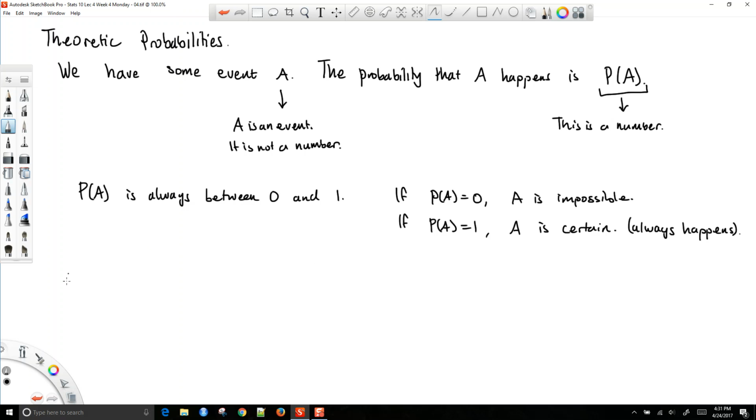And then we say we have something called the complement of A. Complement here is spelled with an E. Complement of A is the event that A does not happen.